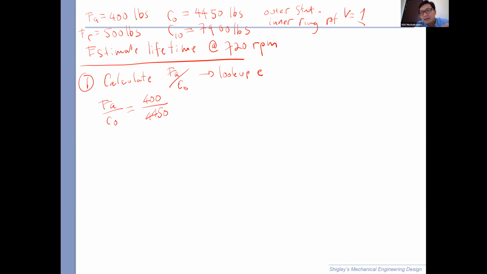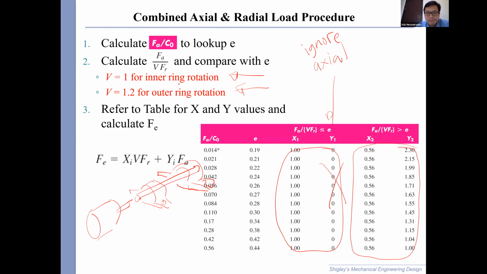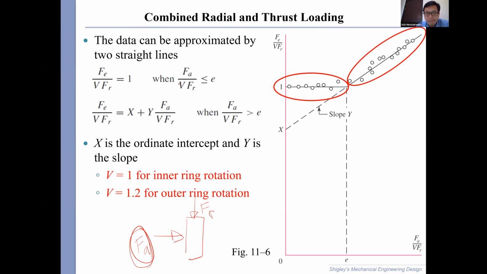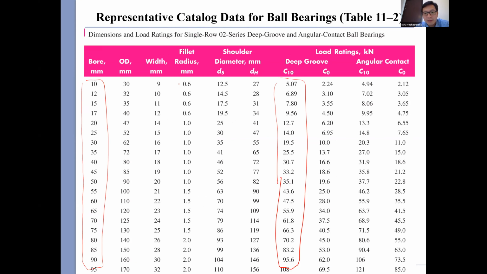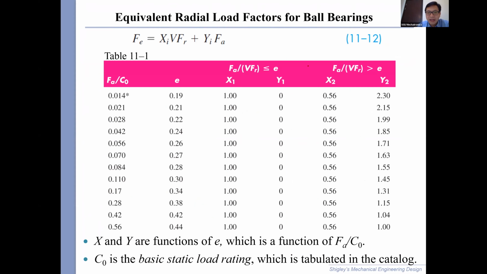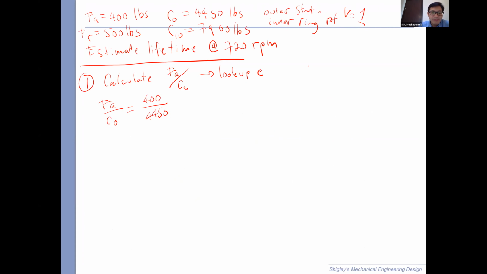Remember, C0 is the static load rating. Here is a typical table: you've got the C10 and you've got the C0. C0 is the static load rating from a catalog. FA divided by C0 is 0.09.